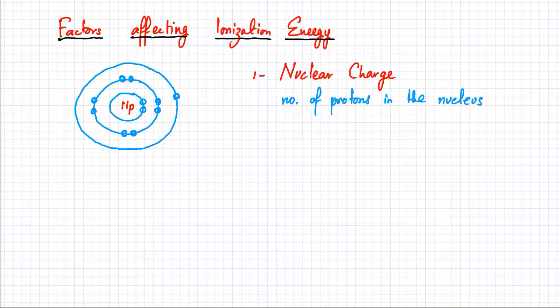So if the number of protons is high, it's difficult to remove an electron, because the higher the number of protons, the more the force of attraction between the electrons and the nucleus. So if you have more protons, that would be proportional to a higher ionization energy.